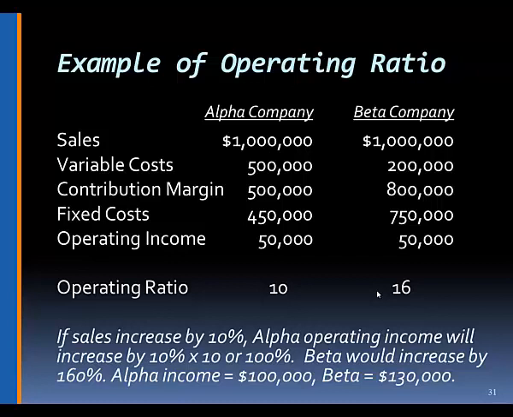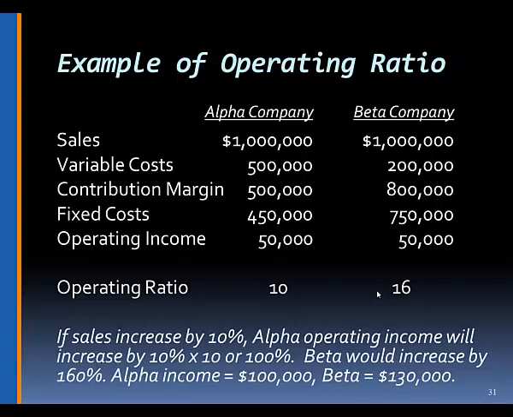So the new operating income would be $100,000. In Beta, it is 10% times 16, or 160%. So its operating income would be $130,000. Now, if sales dropped by 10%, Alpha's operating income would be 0. But Beta would be in an operating loss.